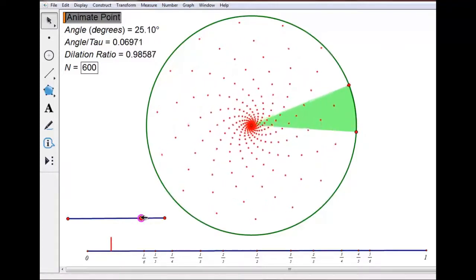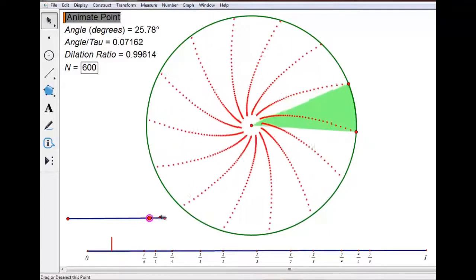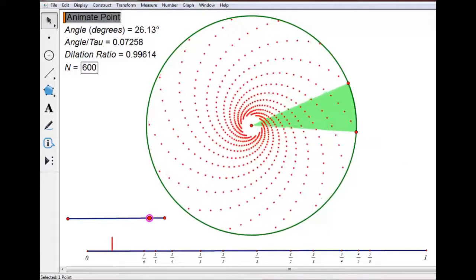As you gaze at this picture, you will be aware of the moments when the angle passes a rational number of low enough denominator to show radial lines.